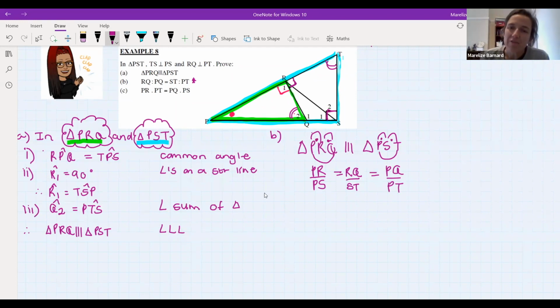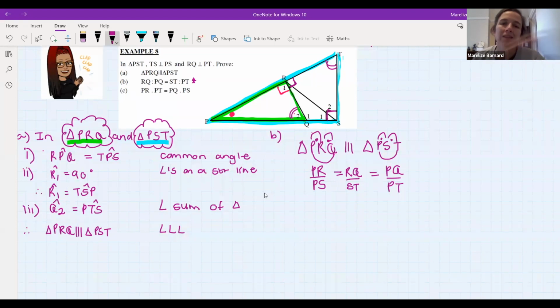But this is the important part: your triangle vertices must be in the right order, in the corresponding order, then you can do this. So PR over PS equals RQ over ST equals PQ over PT.